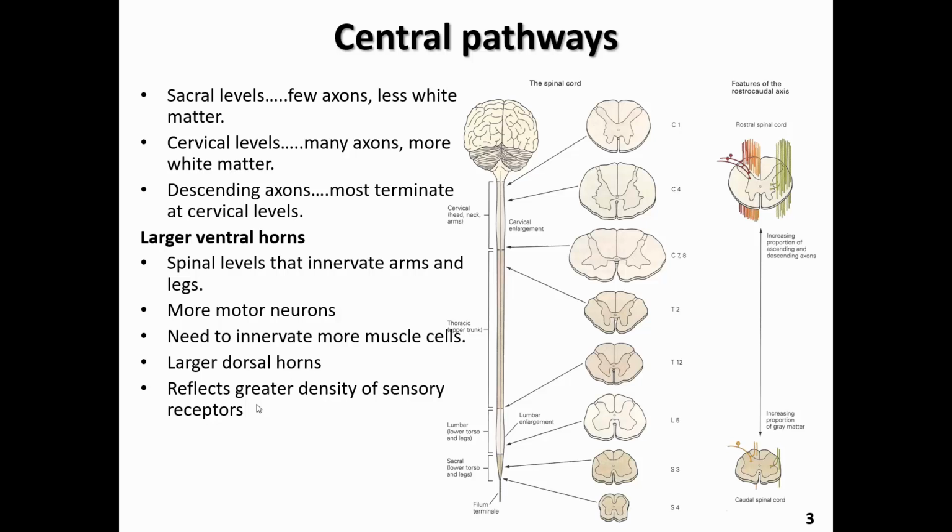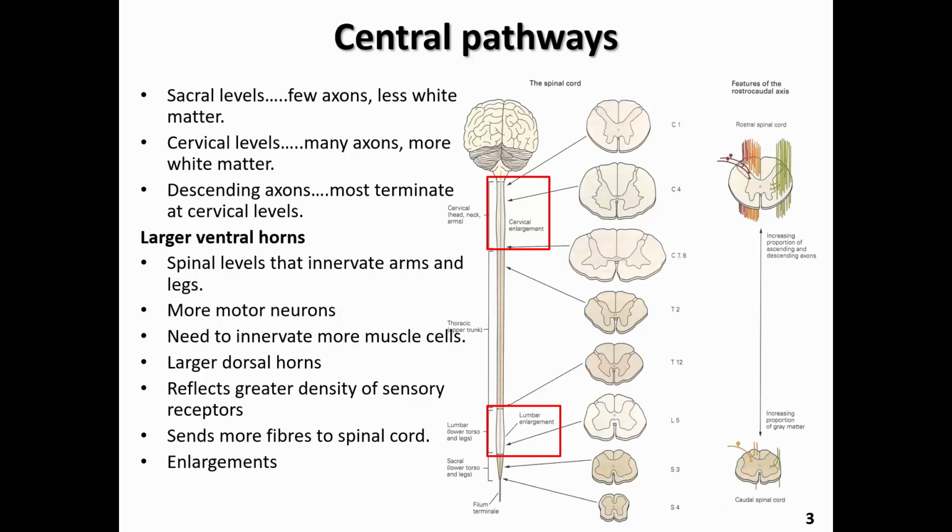Remember, the dorsal horns do contain cell bodies, mostly of interneurons, but expanded dorsal horns indicate that there are more sensory receptors bringing information into the gray matter, and that's a reflection that more fibers are being sent to the spinal cord, and that's reflected in what are called enlargements.